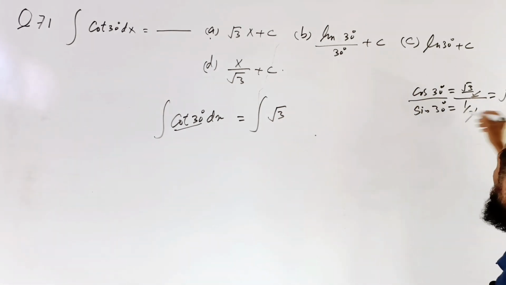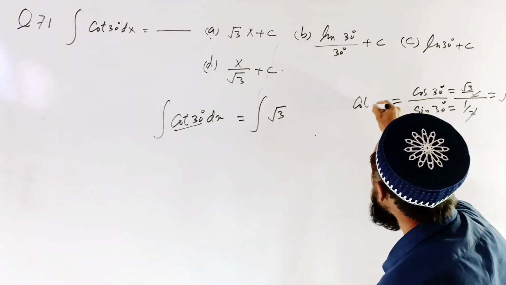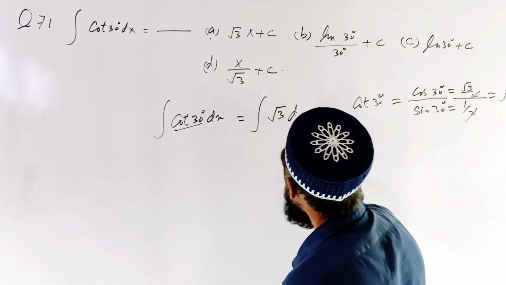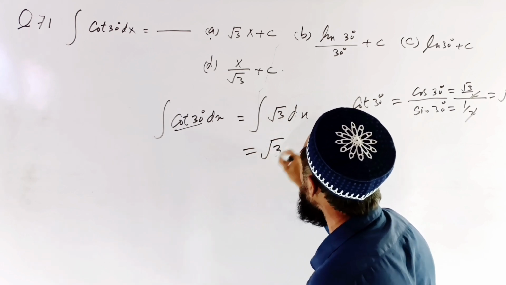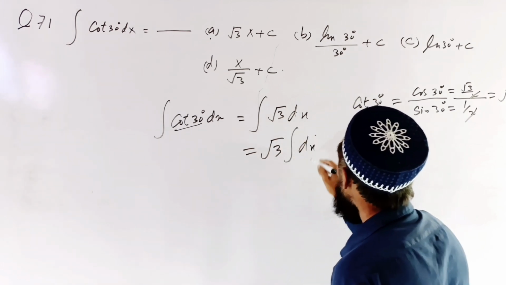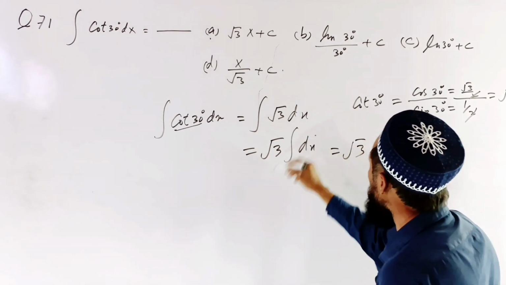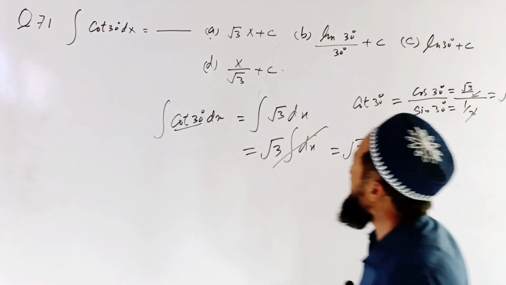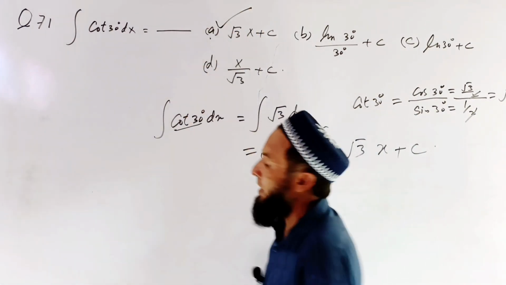So we get cotangent 30 is equal to root 3, dx. Here root 3 is a constant, and integrating dx we get x plus c. Option A is the correct option.